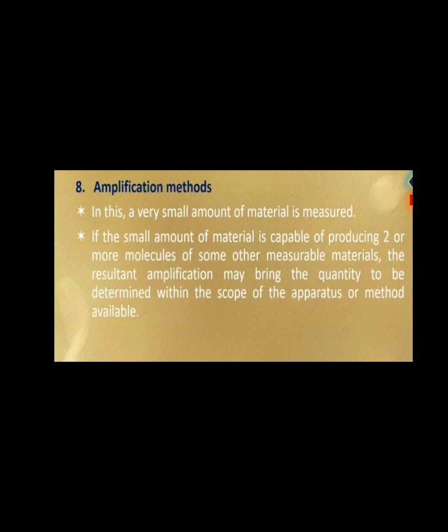In this, a very small amount of material is measured. If the small amount of material is capable of producing two or more molecules of some other measurable material, the resultant amplification may bring the quantity to be determined within the scope of the apparatus or method.